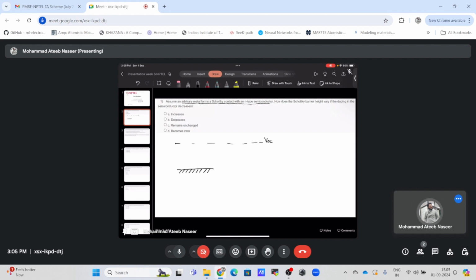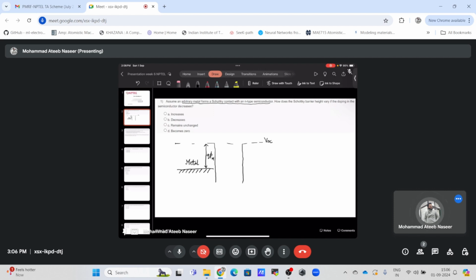If, for example, we consider that the metal and the semiconductor were separated, and this is the metal side, the work function of this metal is, let's say, q phi m. I am writing q because we are talking about energies. So these are the energy band diagrams.